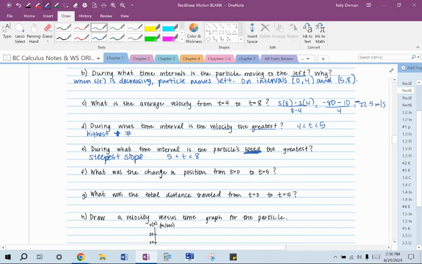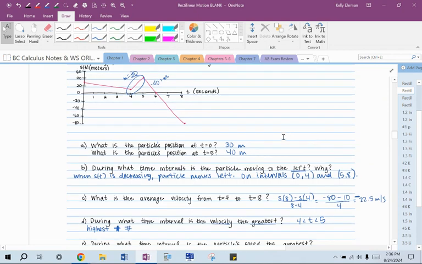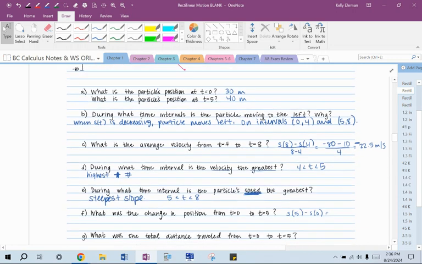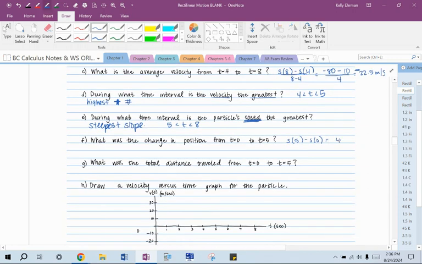What was the change in position from 0 to 5? So that's s of 5 minus s of 0. S of 5 is 40. S of 0 is 30. So 40 minus 30 is a change of 10 meters.